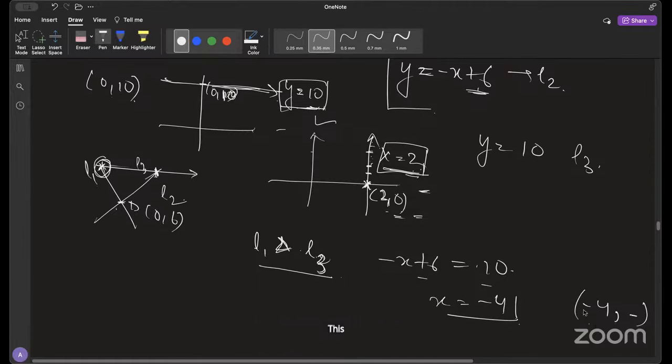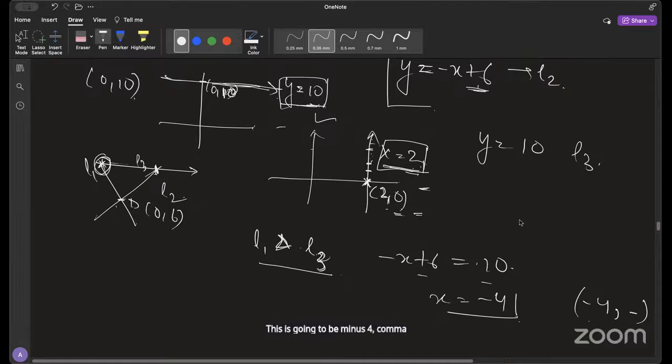This is going to be minus 4 comma 10. You don't have to do much here, because this point lies on L3, and L3 is y equals 10, so the y coordinate here should be 10.